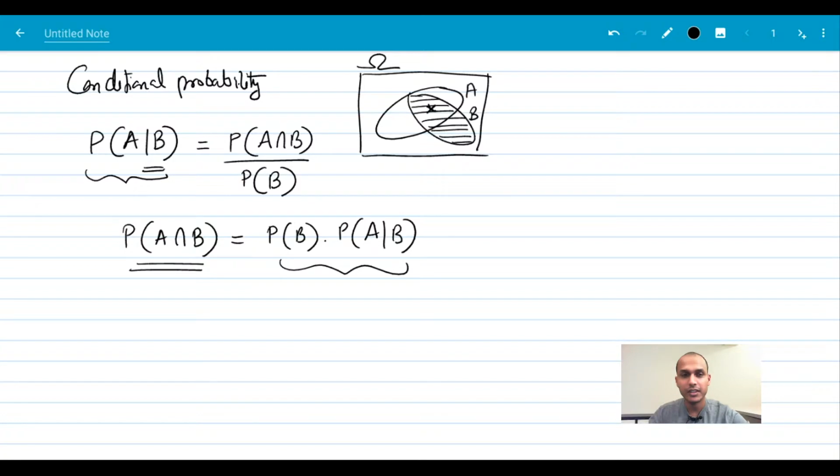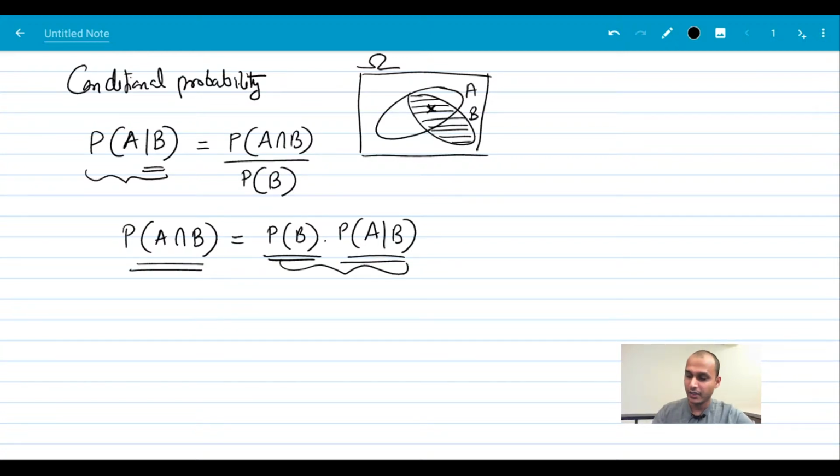The belief that I ascribe to each of the outcomes in the intersection of these two events is the same as the probability that you would assign to all the elements in B times this conditional probability. This is just by definition, so there's not much going on here.